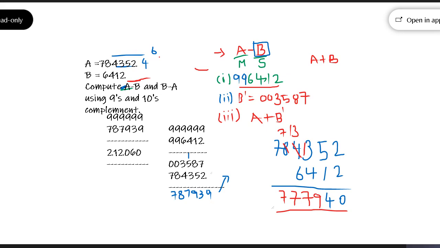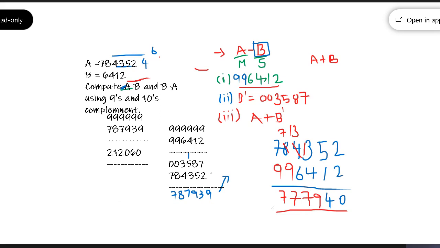Left side of B. Here, B. Right? You're telling here, right? Yes, sir. Why? Digits are not equal bits.